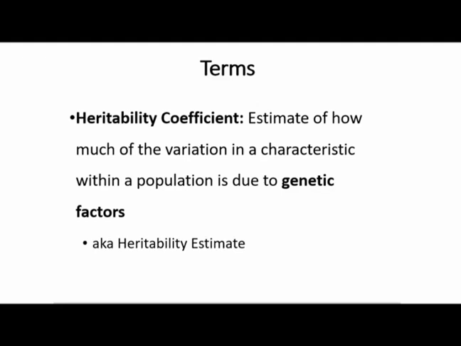How we actually interpret that is that within a particular population, so when you look at a group of people, and you look at the differences between the tallest person and the shortest person, 50% of the differences in their height is caused by their genetics.